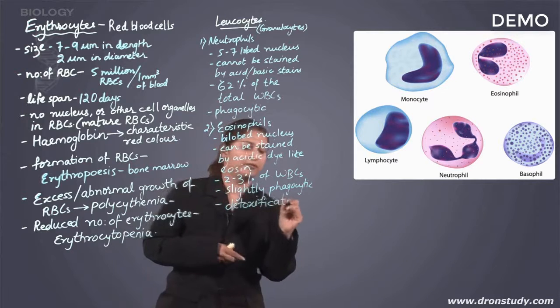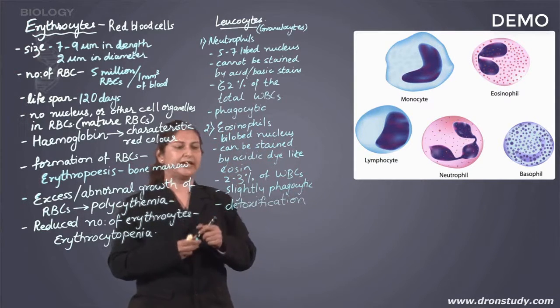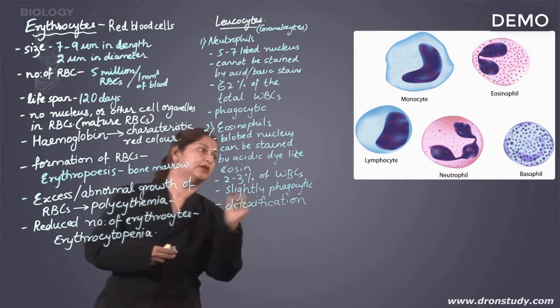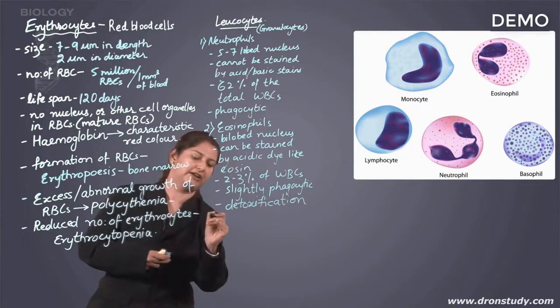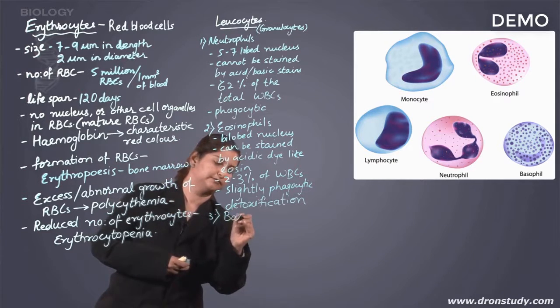So this important work is done by the eosinophils. Then the next, the third one in granulocytes is basophils.